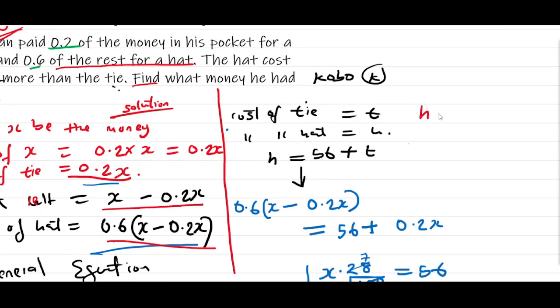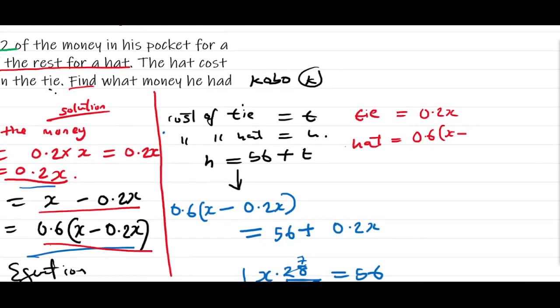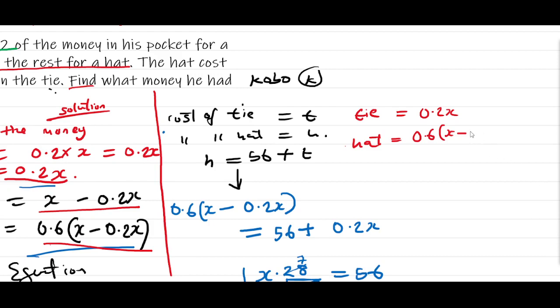For the hat, he had to spend 0.2x, and then for the tie, no, this is for the tie. He spent 0.2x for the tie, and then for the hat, he had to spend 0.6 times x minus 0.2x.